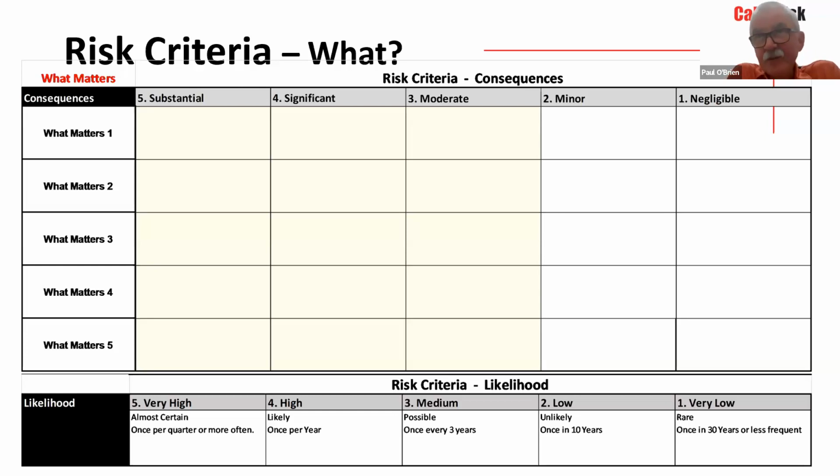And basically, when you introduce the fact of the occurrence, then you're now beginning to look at the likelihood, which is down at the bottom. You're looking here at, again, a scale of 1 to 5. You're looking at the likelihood criteria. Generally, they're expressed in terms of time periods.